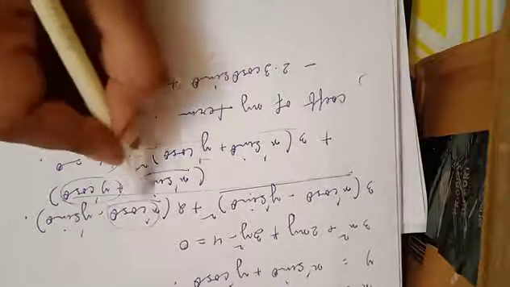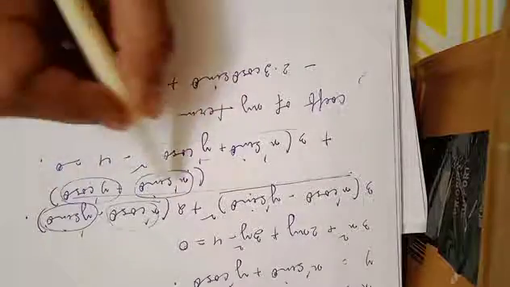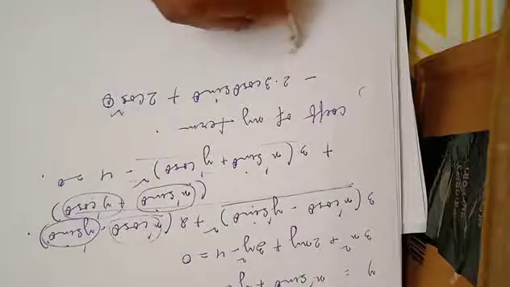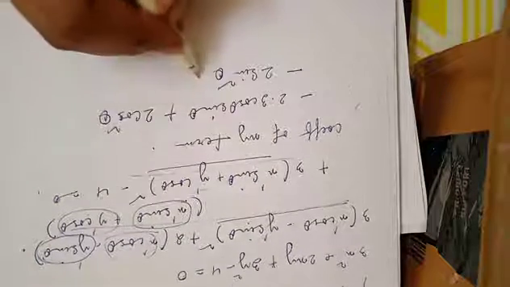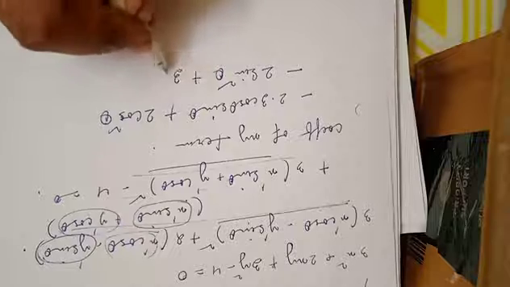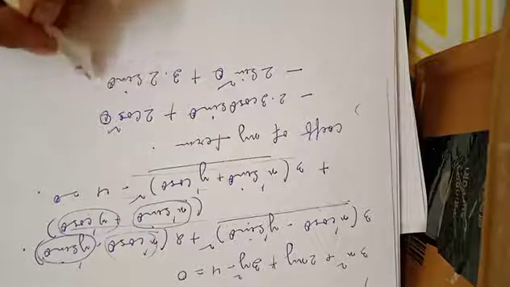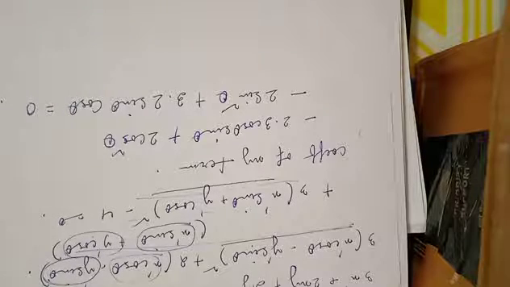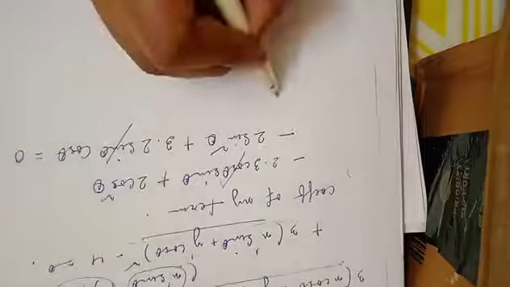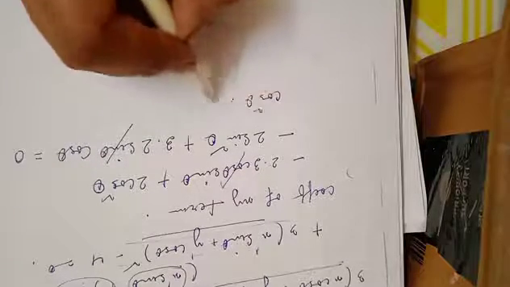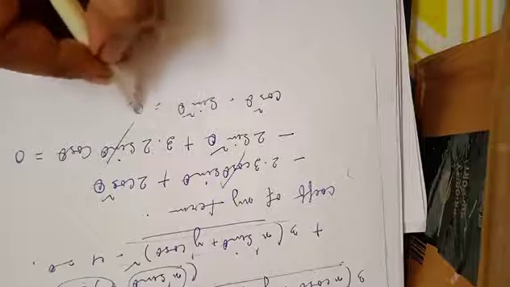And by multiplying this one and this one, you will get another xy term, so it will be minus 2 sin square theta. And from here also, we are getting plus 3 into 2 sin theta cos theta. This must be equal to 0 because by rotation we want to remove the xy term. Now check, this and this will cancel out. We are getting cos square theta minus sin square theta equals to 0.